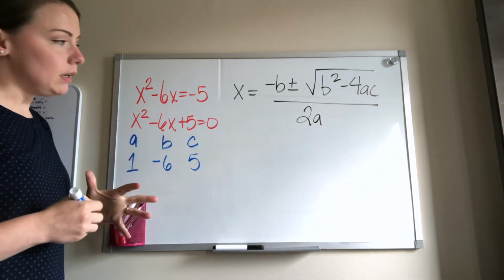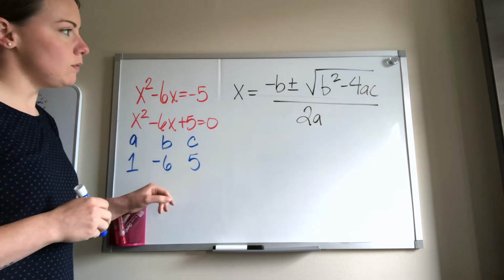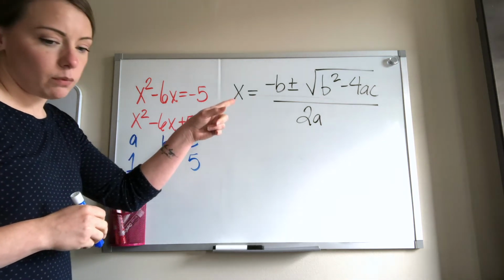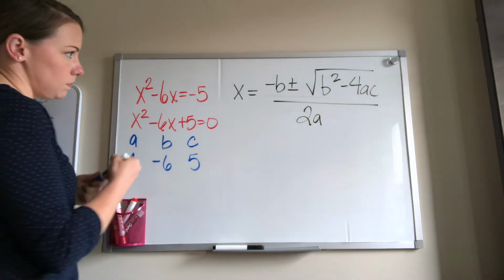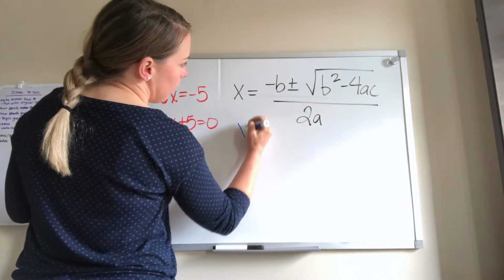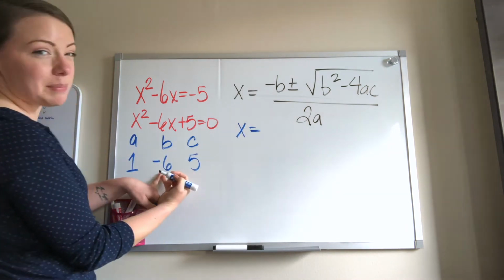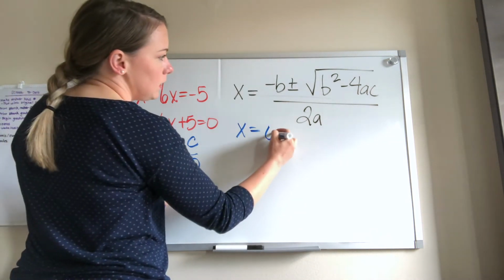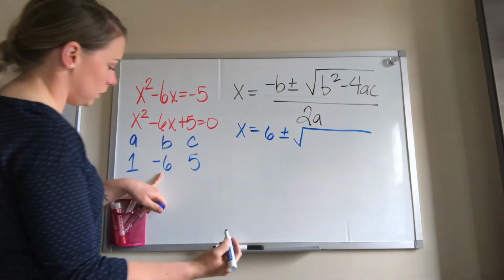Then step 3, we're going to plug in each one of these values for the variable in the formula. So I have x is equal to, this is already minus, but this is minus as well, which means I'd have 6 plus or minus the square root.